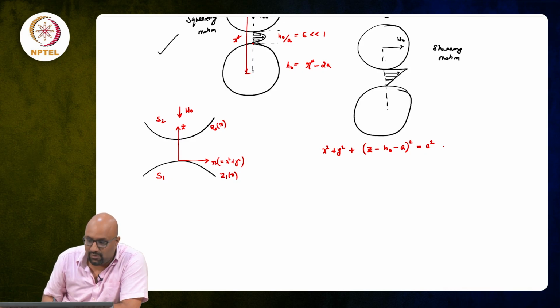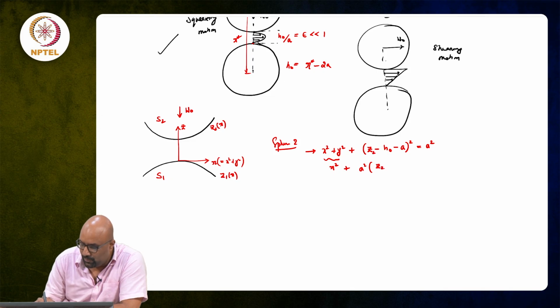That is the equation of sphere 2. Now, x squared plus y squared in the cylindrical coordinate system is r squared. So, I can take a squared outside, and on this it is z2, so z2 by a minus h naught by a minus 1, whole squared, is equal to a squared.